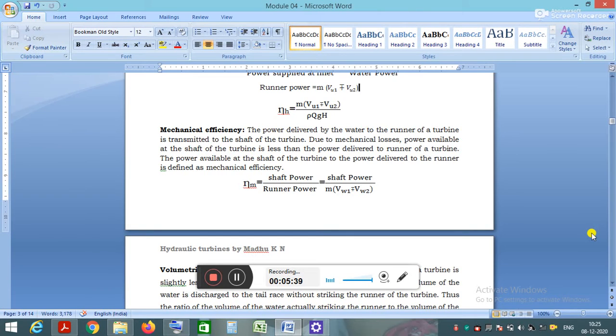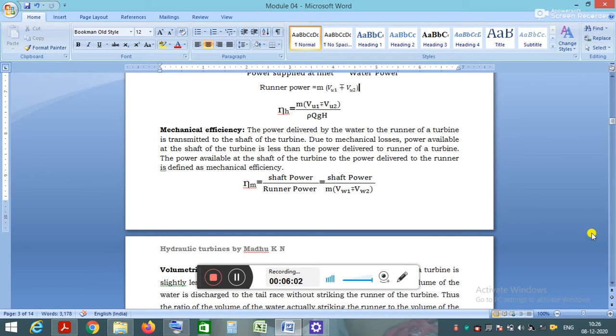There will be some friction between the runner and the shaft, due to which some losses will take place. Therefore, all the power which is available at the blades is not transmitted to the shaft, and the ratio of shaft power to the runner power is called mechanical efficiency.